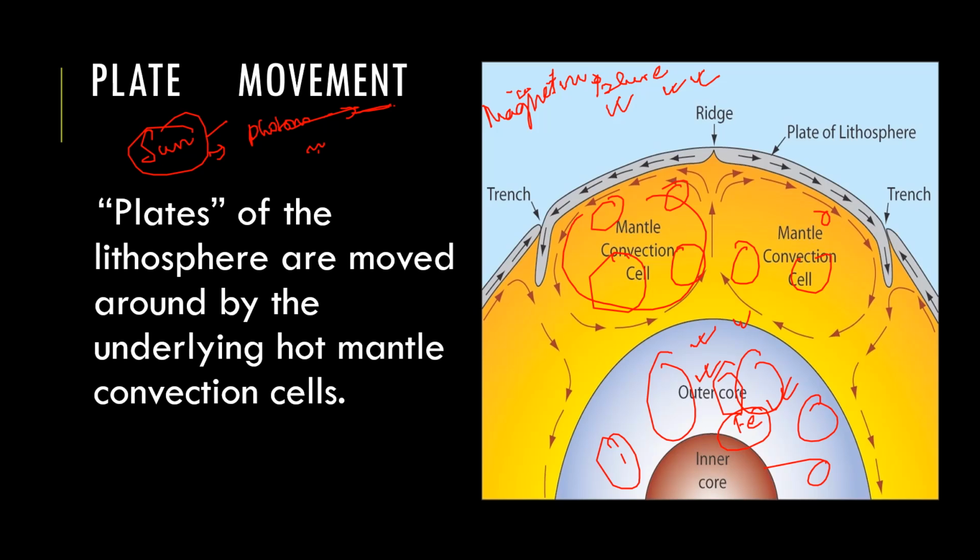So the outer core, another important question, that is the outer core fluidity, means outer core's liquid nature. It also governs the magnetic property, or the magnetosphere. The magnetic property of the earth is governed by the convecting cycles of the outer core.